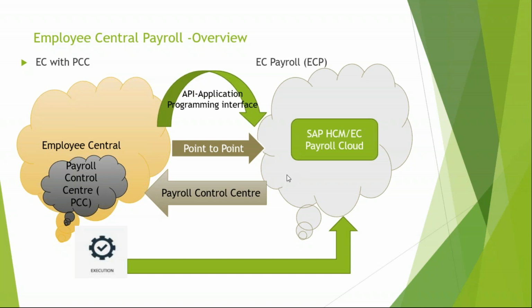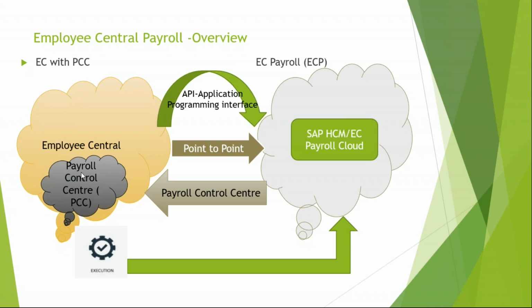So once all the information is ready, you are executing a payroll in this place. The execution will be done, but the result is stored in the ECP backend system. And this is your payroll control center.